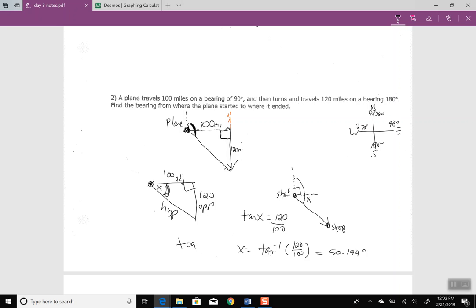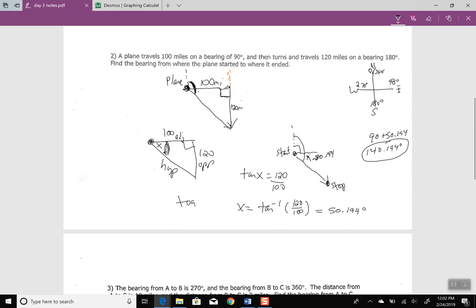So altogether, from where I started to where I ended, that's the 90 degrees plus this 50.194. So 90 plus 50.194 degrees gets you 140.194 degrees. So that's the bearing you're traveling on, a little bit less than 180, and just a little bit more than that halfway point, that 135.